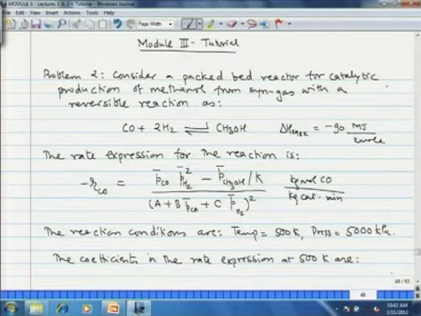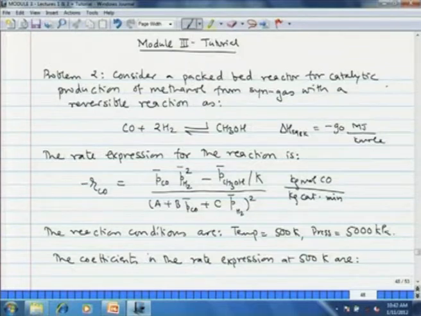Now we have to go for the next problem, that is the problem on methanol synthesis in a fixed bed reactor. What you see on screen now is the problem definition. Consider a packed bed reactor for catalytic production of methanol from synthesis gas with a reversible reaction as CO plus 2H2 gives CH3OH.